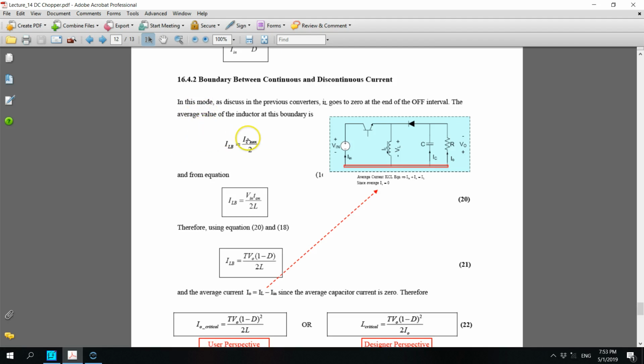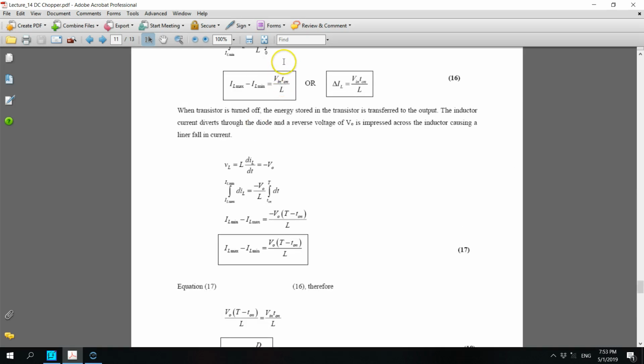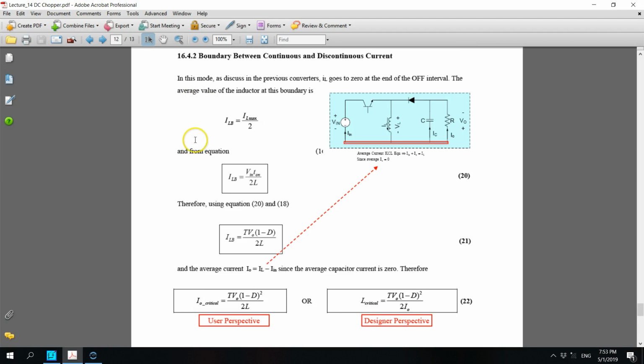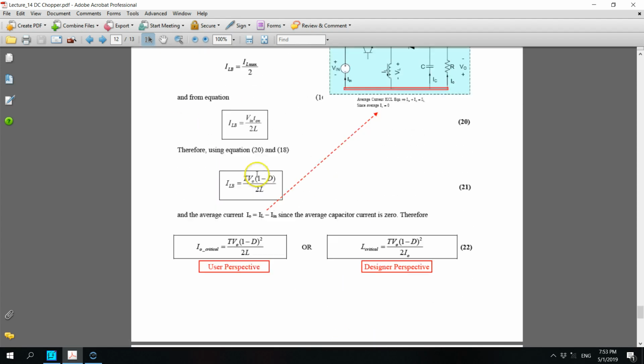And from equation 16, delta IL equals Vin T on, or with IL min being 0, IL max equals Vin T on over L. So we can see that ILB equals Vin T on over 2L, and also you use equations 20 and 18. You can rearrange and then find that ILB, the average inductor current at the boundary, equals T V0 (1 minus D) divided by 2L.